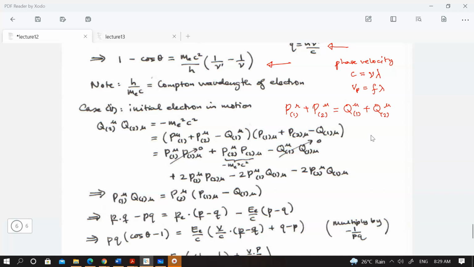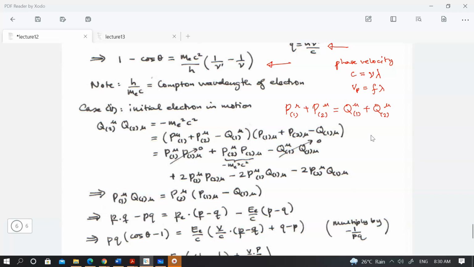Okay, and then you have the covariant version of that, and then you just start multiplying each of these terms out. Your P1 mu here will give you 0 because this is coming from the photon, so its rest mass is 0. The same thing with Q1 mu, coming from this times that, and that's 0.